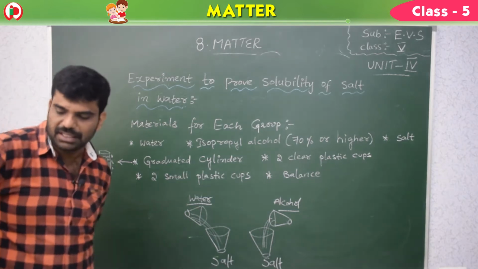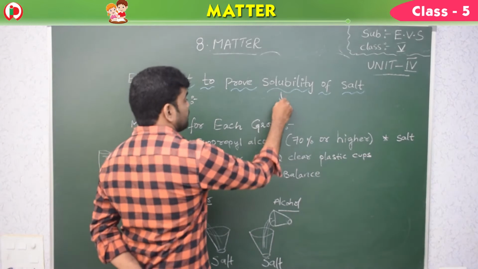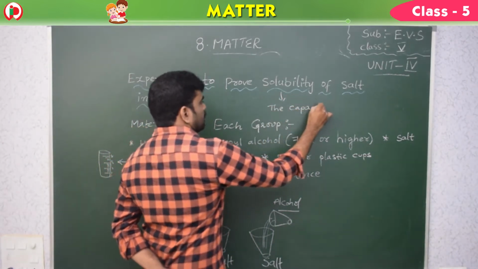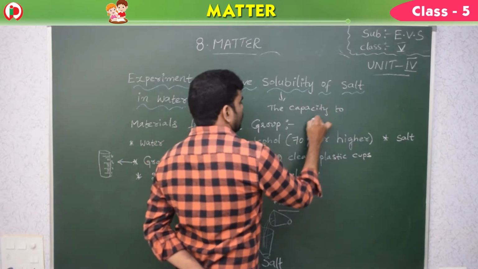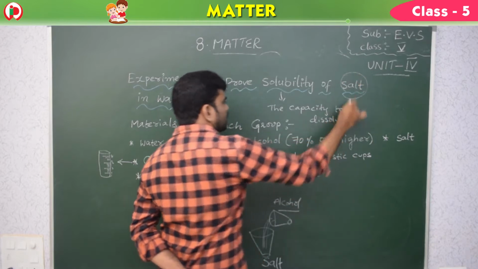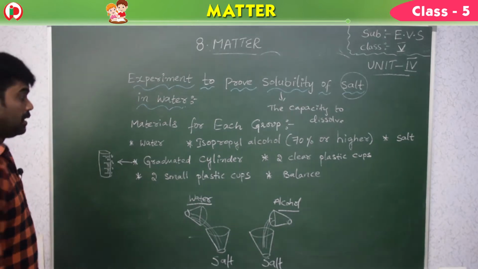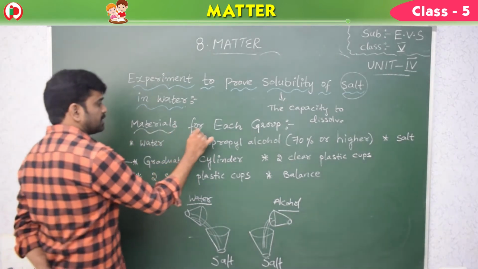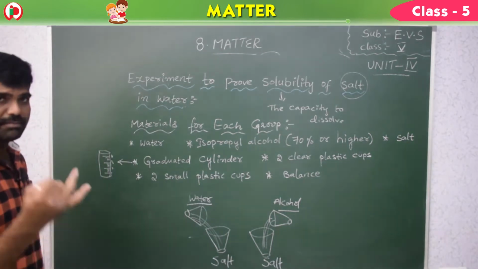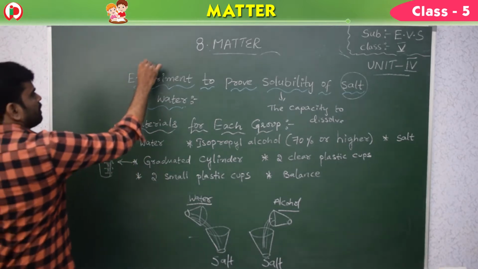The capacity to dissolve, how much the salt is dissolving in the water, is called solubility. Let's go for the materials. See children, for any experiment: aim, materials, procedure, result. So what is our aim?